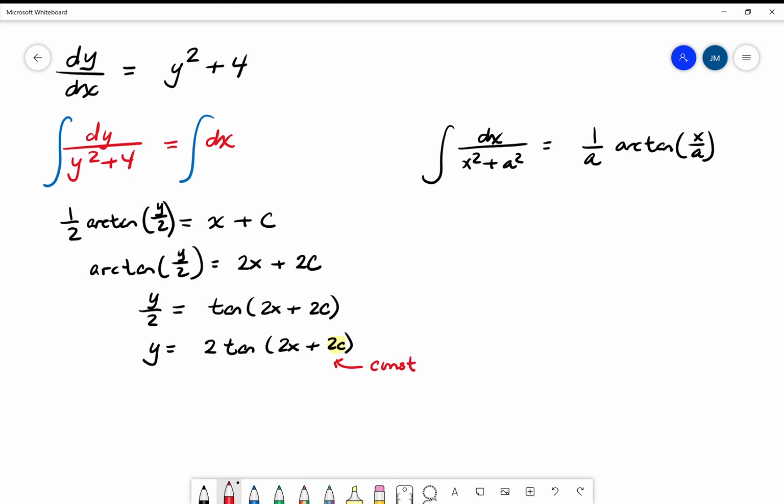So one might say that a more elegant solution, for lack of a better word, is to call it C1 or whatever, or you could just use C all over again, but that's a little confusing. So basically every solution has the form y equals 2 tangent of 2x plus some constant that just fills in the blank, okay? So that's our final solution.